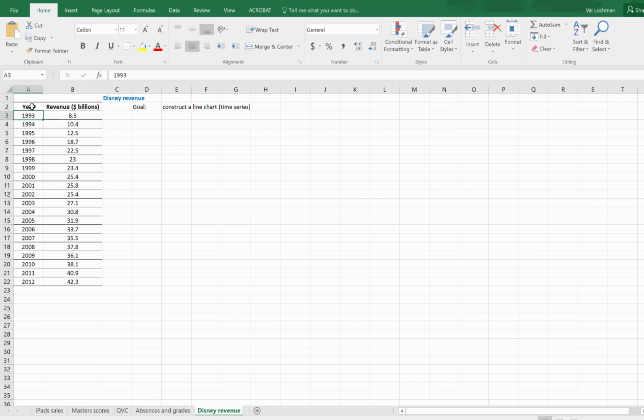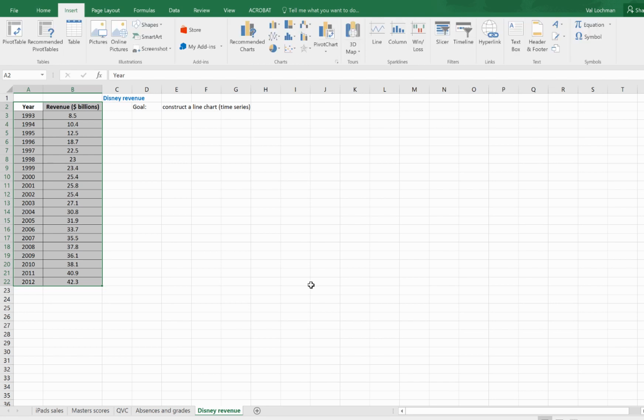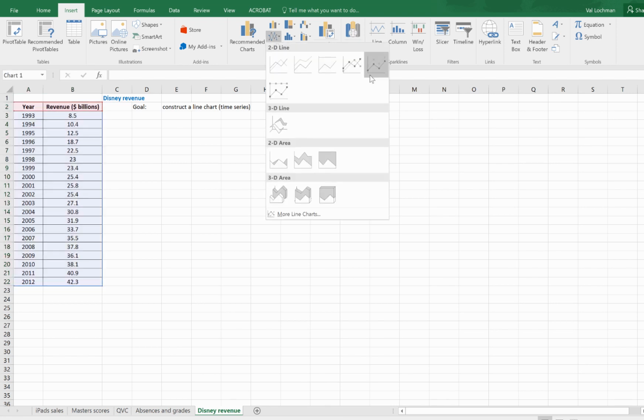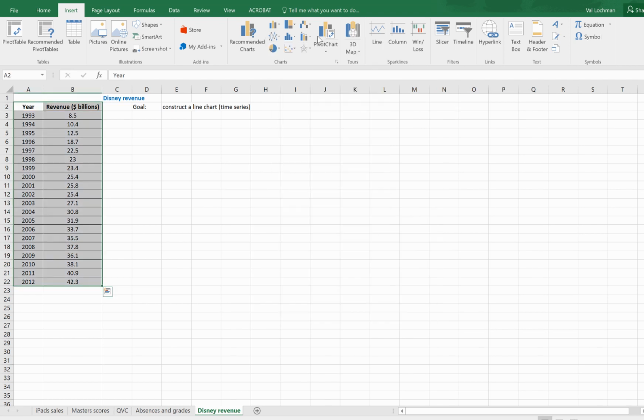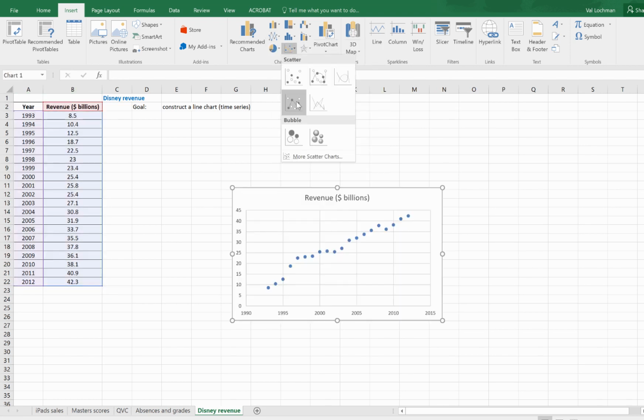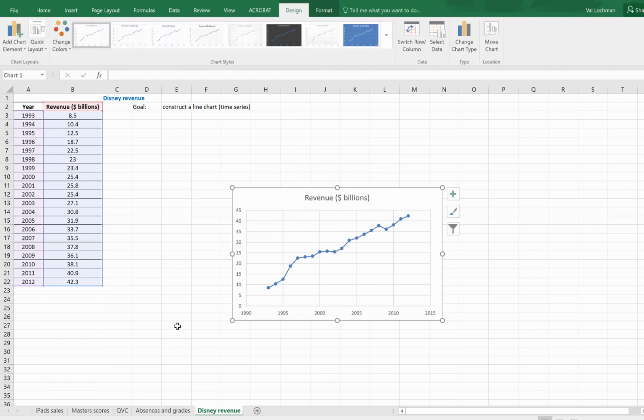So what we're going to do here is the following. We're still going to highlight our table, year and revenue included, and then we're going to go to Insert, and we're going to press, oops, not that one, nope, this option here.